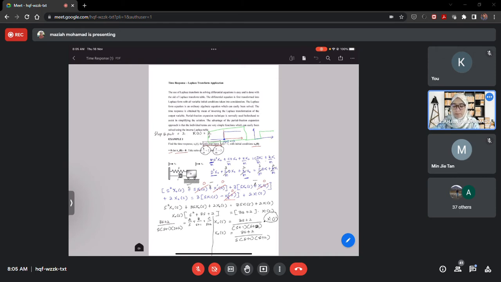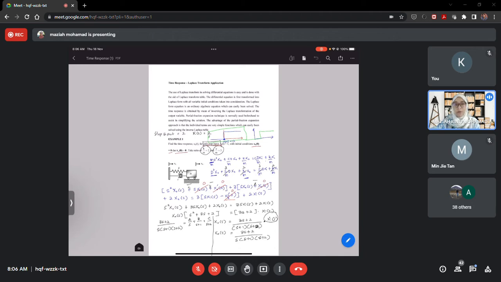We do step number 3, apply initial condition. Step number 4, apply the input signal. It depends on the type of input. If your input is a ramp input, then you apply 1 over S squared into the Laplace equation.